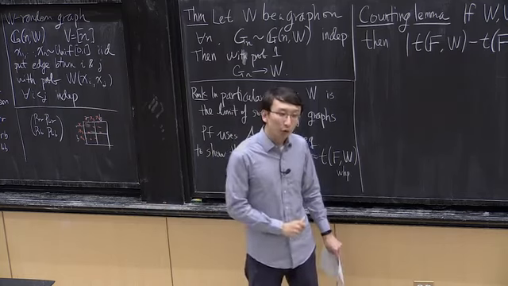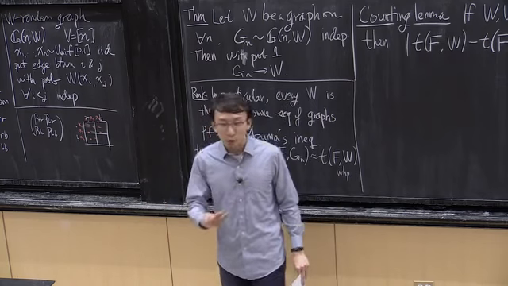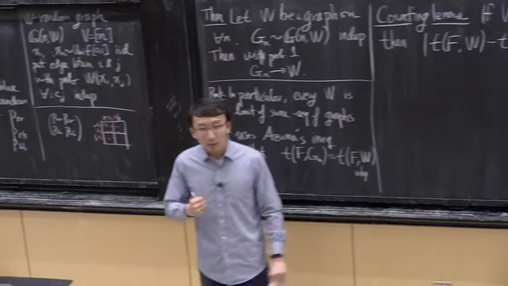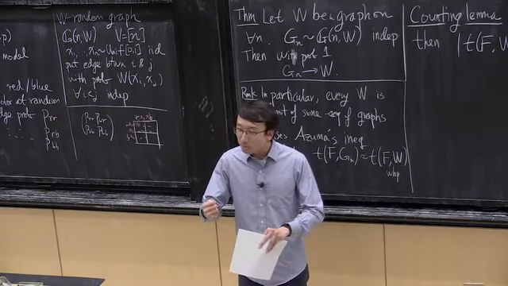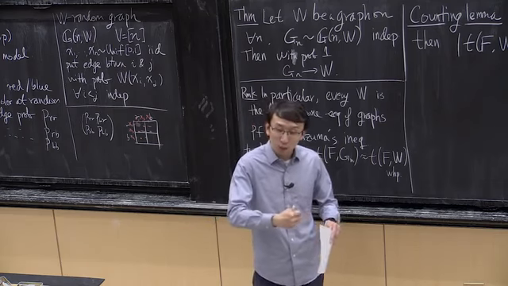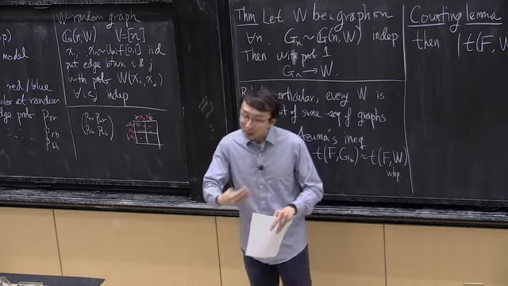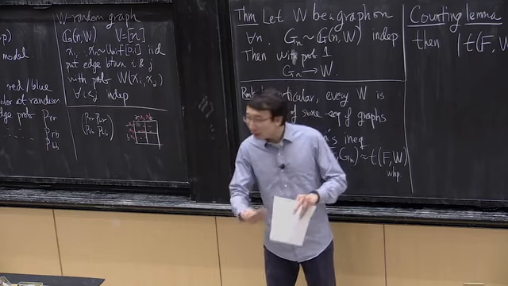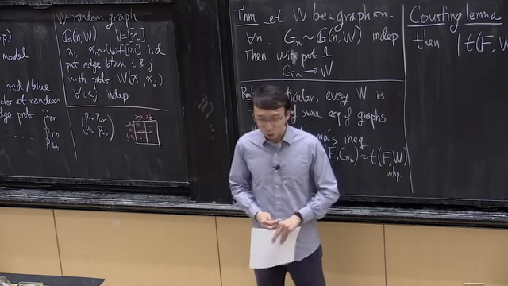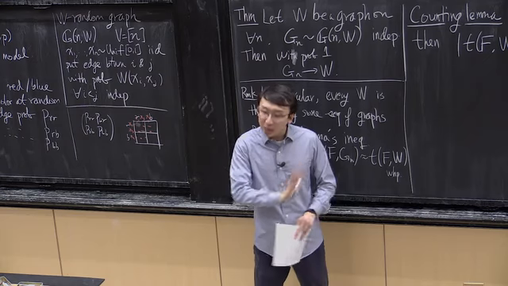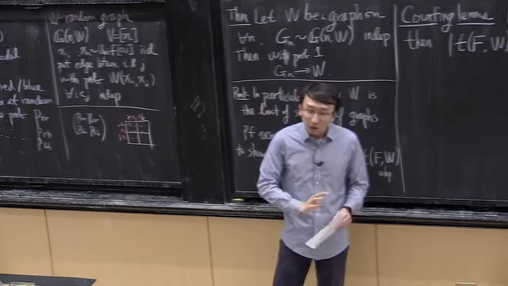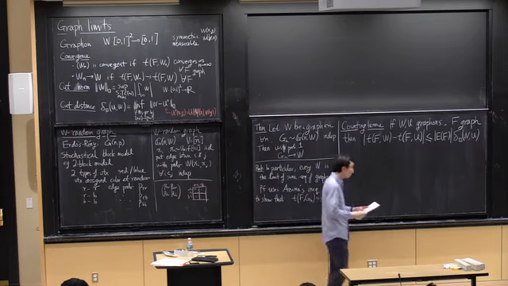And then there was a second proof, which I said was a more analytic proof, where you took out one edge at a time. That proof, I think, is technically easier to implement, especially for general H, but the first time you see it, you might not quite see what the calculation was about. So I want to do this exact same calculation again in the language of graph functions, and hopefully it should be clear this time.